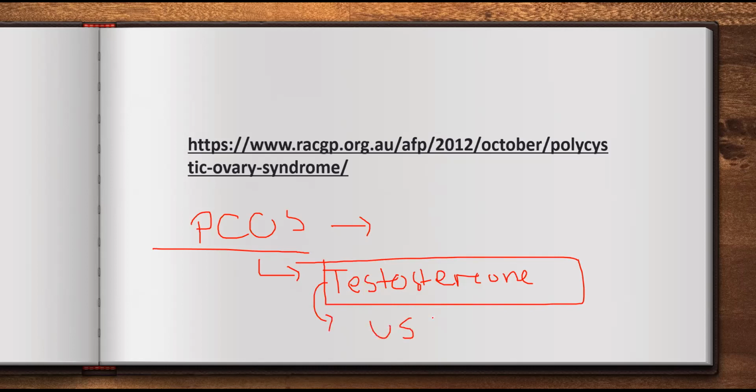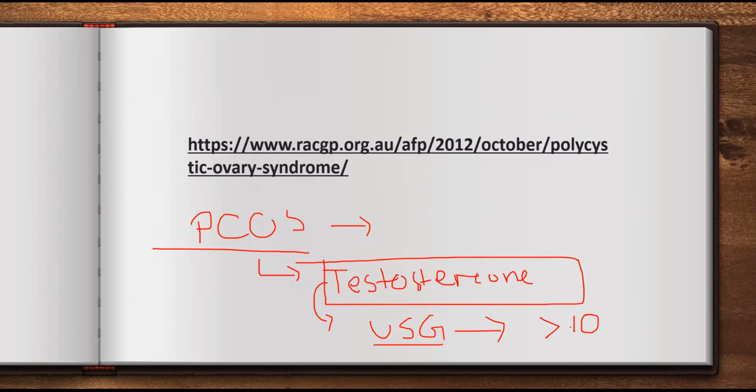With testosterone, ultrasound will be an addition, and it can give you an additional diagnosis. When we say polycystic ovarian syndrome, usually more than 10 cysts should be there in one ovary to diagnose PCOS. If there are only 1 or 2 cysts in the ovary, can we say polycystic ovarian syndrome?